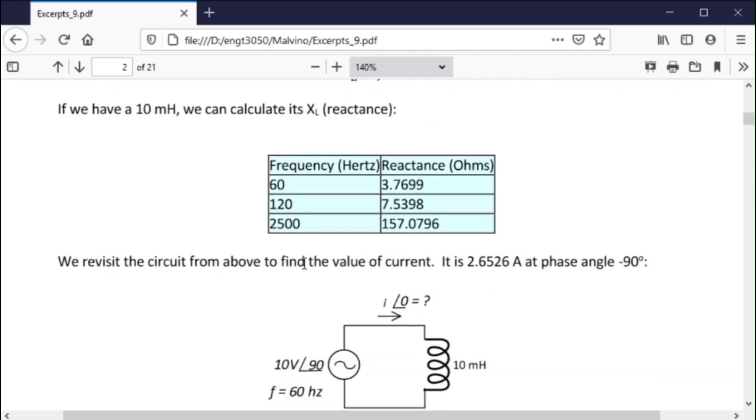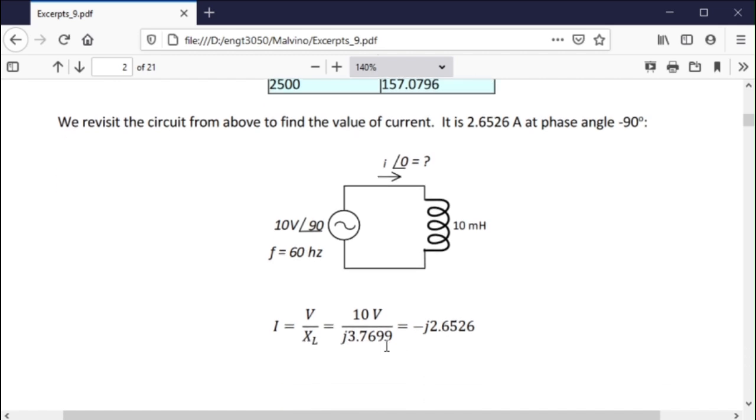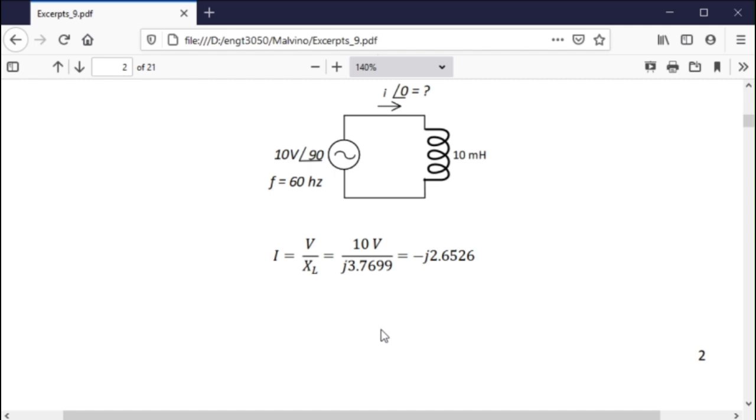So if you have an inductor, you have to say, what is my impedance? And it is J 2 pi FL, or J times 2 pi times F, which is 60, times L, which is 0.01, and you get 3.7699. So my current is at a phase shift of minus 90 degrees.